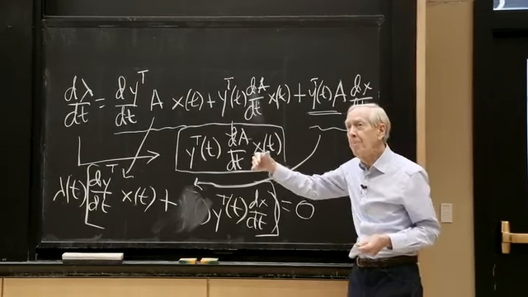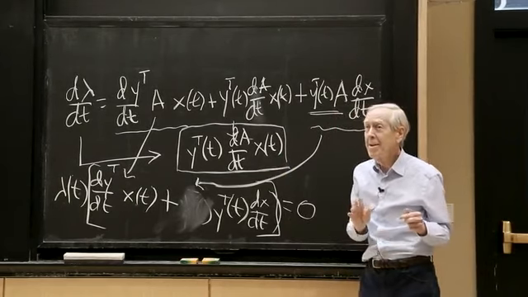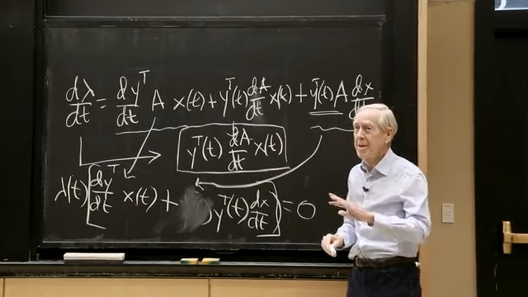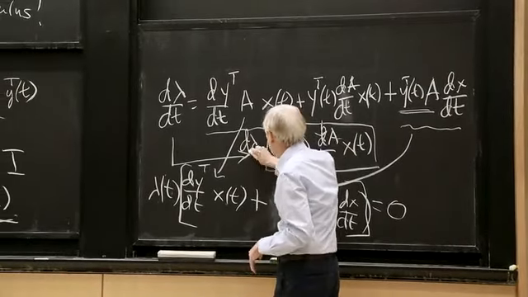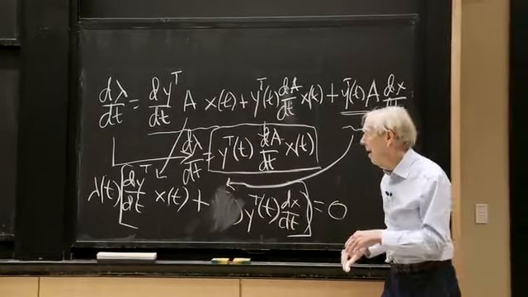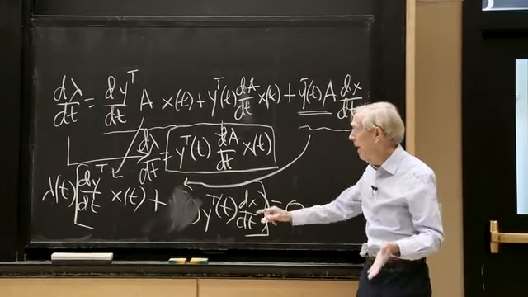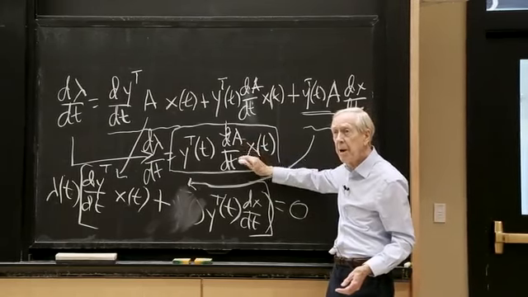If I want to take the next step, I tried this weekend, but it's a mess. It would be to take this, my formula, d lambda dt equals this, and I can take the next derivative of that, and it will involve d second A dt squared, right?